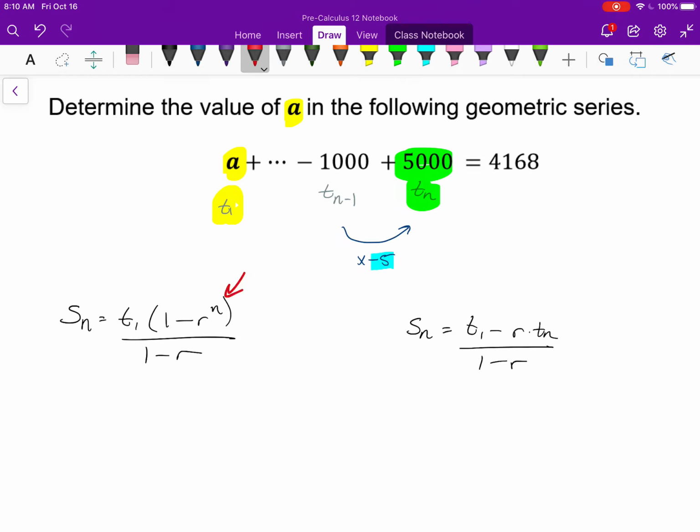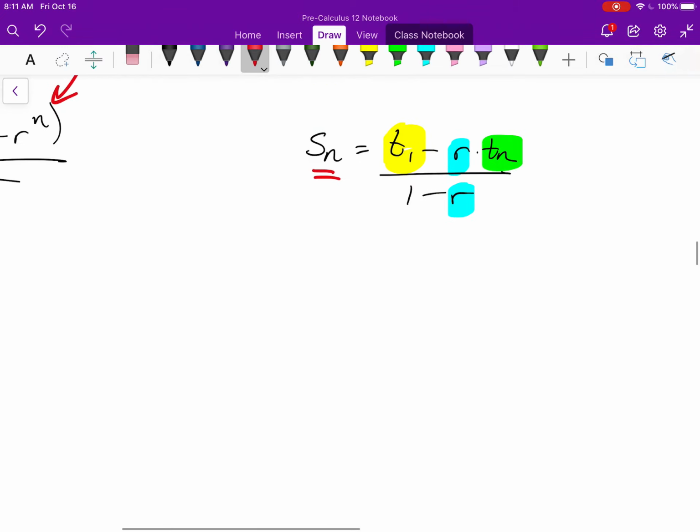The one on the right, I don't. And if I look at the one on the right, I know everything but the first term, right? A is what I'm trying to figure out, T1, but I know the common ratio now is negative 5. I know the last term I'm adding up is 5,000, and I know that the whole thing equals 4,168. And so everything here I know except for the first term, which means I can figure that out. So let's substitute everything in here.